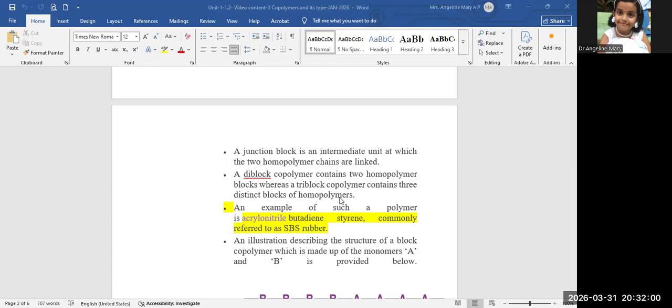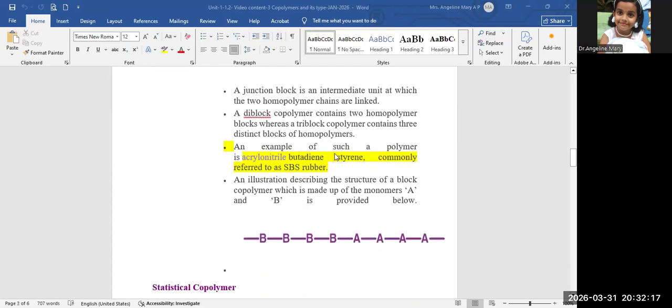As we know, mono, di, tri, and so on. An example of such a polymer is styrene butadiene styrene, commonly referred to as SBS rubber, which fulfils this condition.